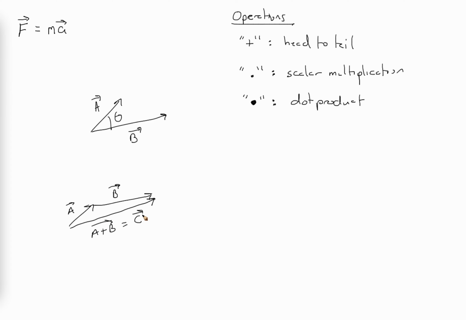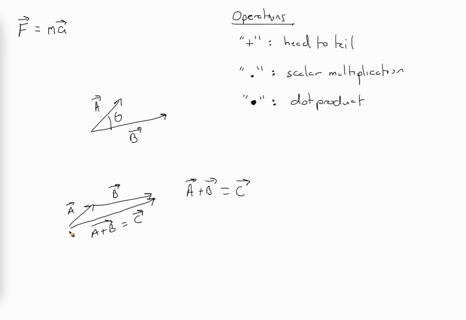We might call it vector C. So we could say this is vector A plus B equals C. We worked out how this works, and it makes sense as addition for vectors, but it would be hard to imagine doing other kinds of mathematical operations on these arrows, these abstract vectors.